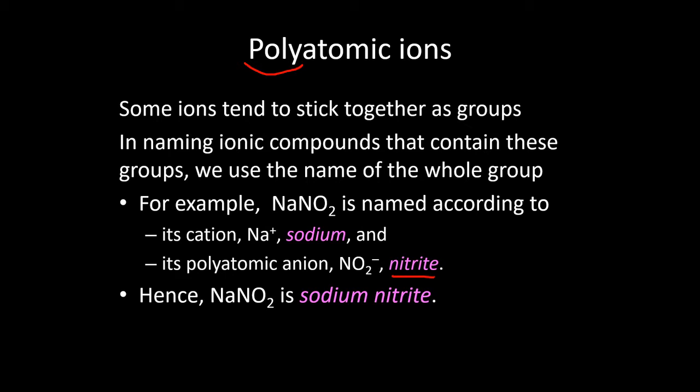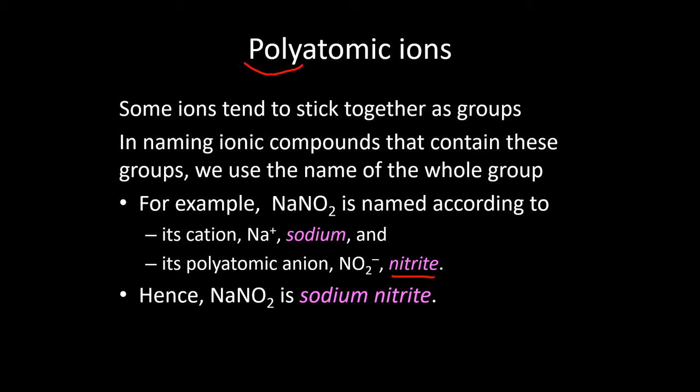We are just going to have a list that we can reference, and so as long as you can find it on the list, you are good to go. You don't have to memorize that NO2 minus is nitrite. If you have NO2 minus, then you can just go to the list and find it there and say, oh, it's nitrite.